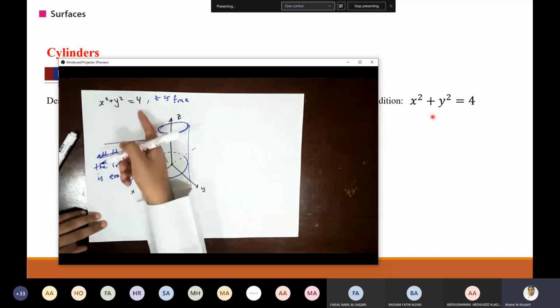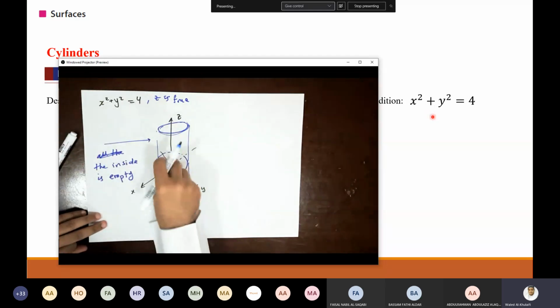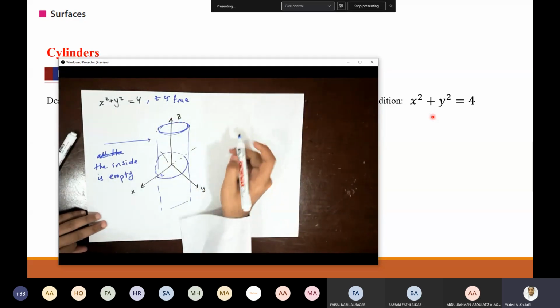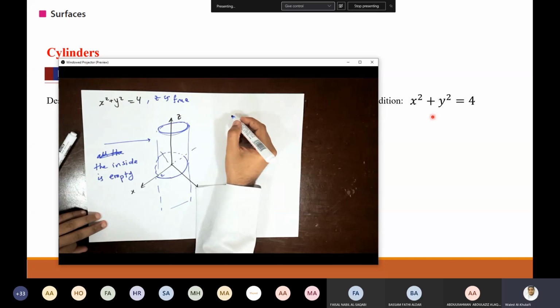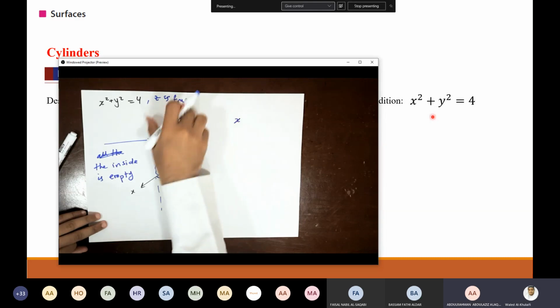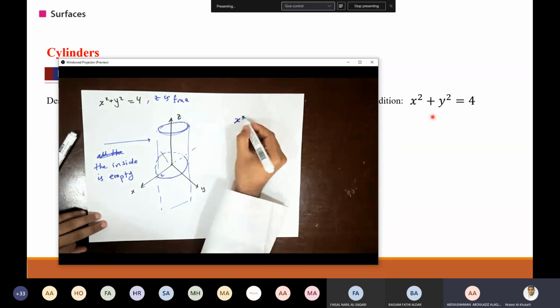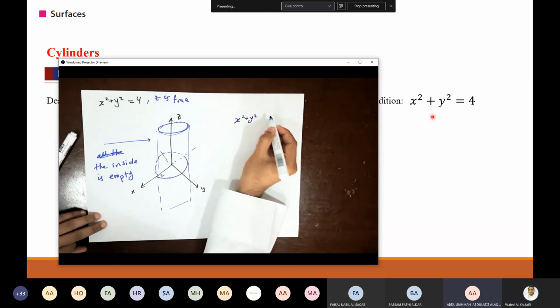Now if I want to include the inside, what should I change in this equation? I want a cylinder of radius 2, but I want the inner points to be included. So what should I say? Anyone? Raise your hand. Yes, Abdulrahman. Maybe I say from 0 to 4. No, everything infinite, up and down. Maybe I give z a value.